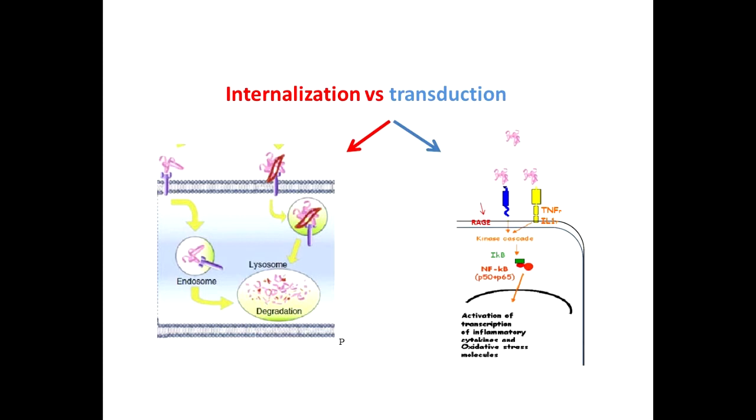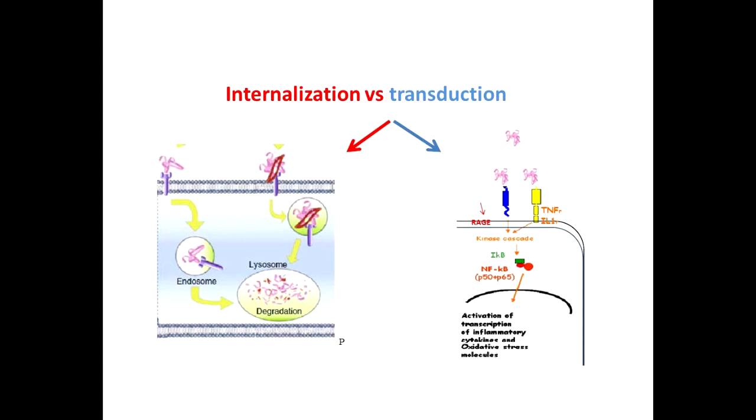The other way they can be toxic is through transduction. So you have internalization versus transduction, and in transduction we have studied this receptor, which is the receptor for advanced glycation products called RAGE, and this receptor recognizes amyloid structures.